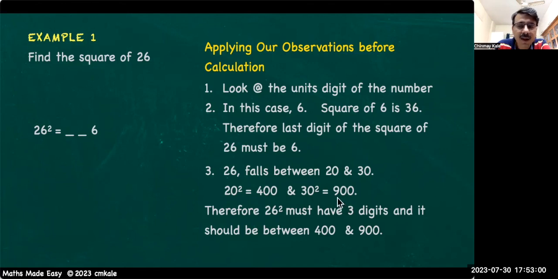On the higher side, we have 900, which is also 3 digits. So 26 square must have 3 digits, and its last digit must be 6. So this is how we have applied our observations, and we have narrowed down our solution to some extent. In the following video, we will actually look at simple and quick methods of calculation of squares.